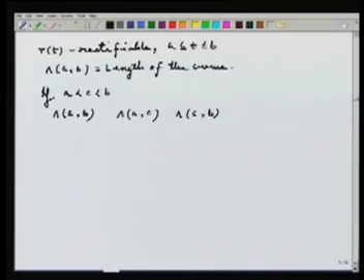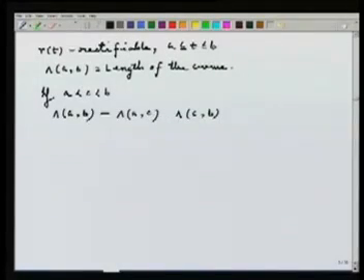When the parameter ranges from a to b, the length of the curve is lambda AB. When the parameter ranges from a to c, the length is lambda AC. And when the parameter varies from c to b, the length is lambda CB. Well, the relation is that this is equal to this plus this.